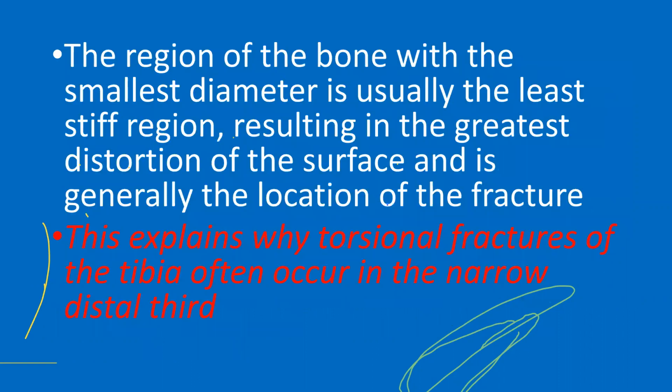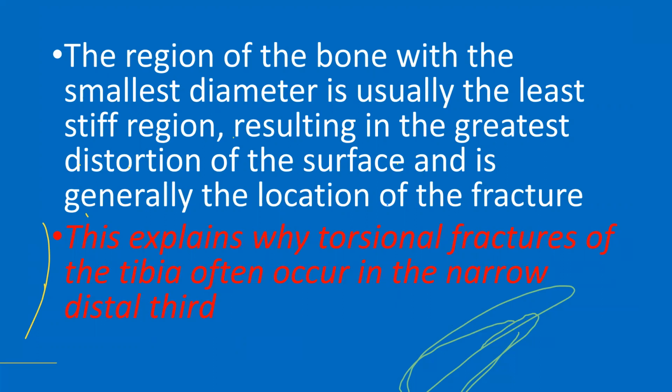The region of the bone with the smallest diameter is usually the least stiff region. If you look at the tibia before the ankle, it is the narrowest, and this is the least stiff region, resulting in the greatest torsion of the surface and generally the location of the fracture.